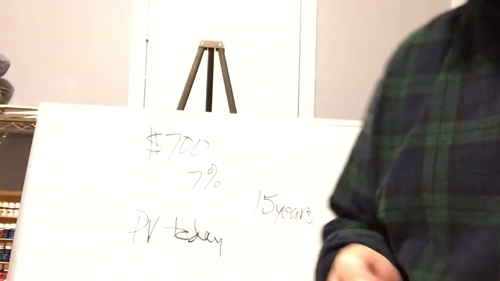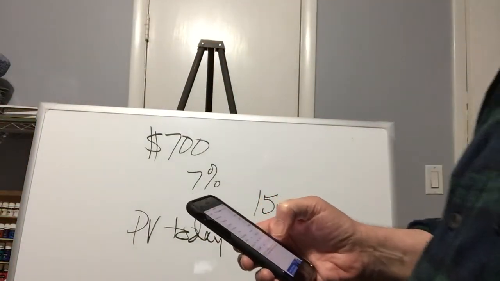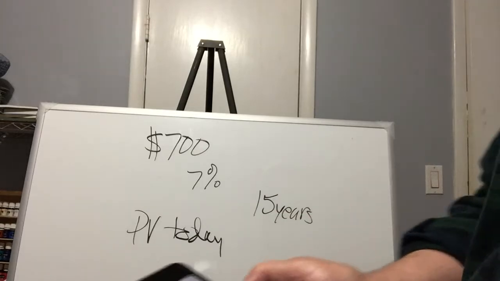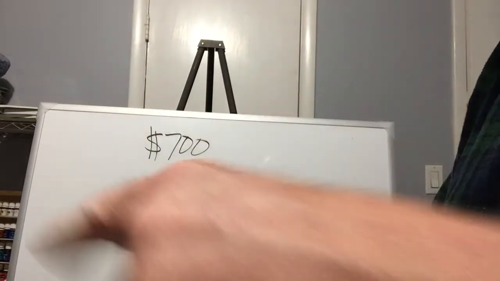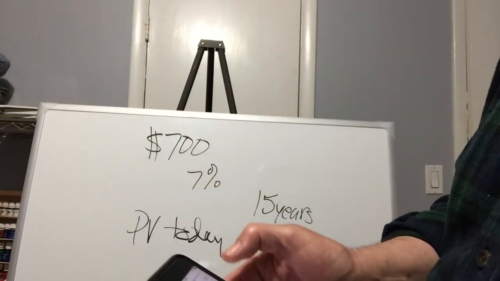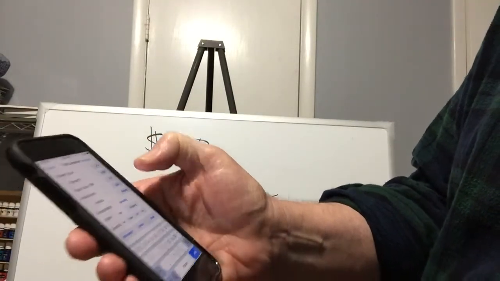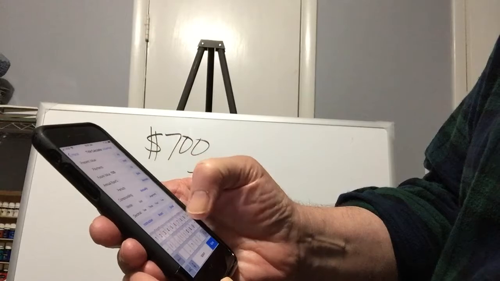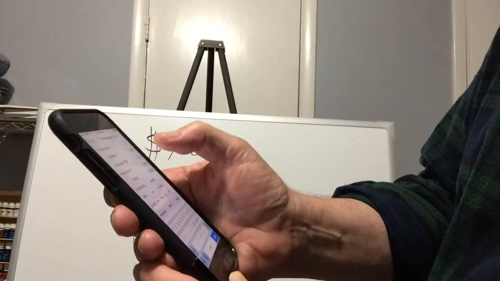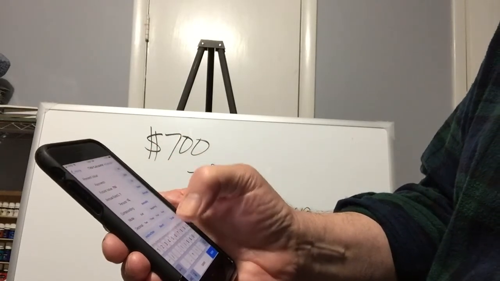Okay, so in that case, I'm going to reset the calculator, and now I'm going to put in as the future value that $700, the interest rate as 7%, and 15 years.